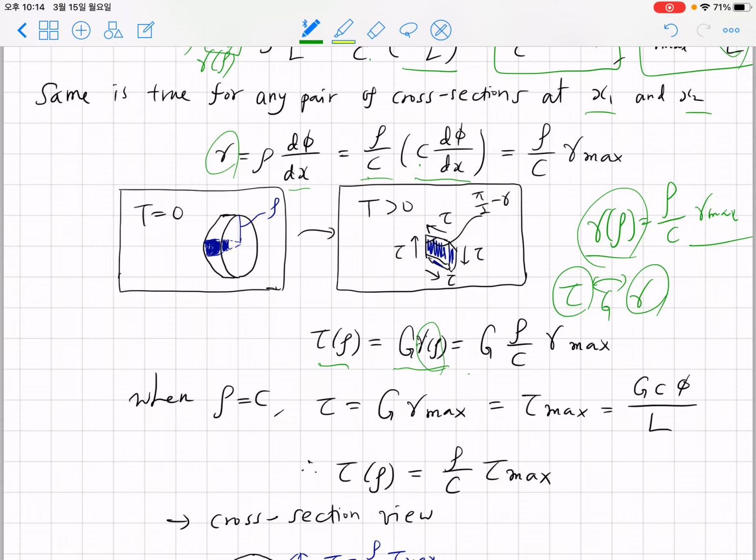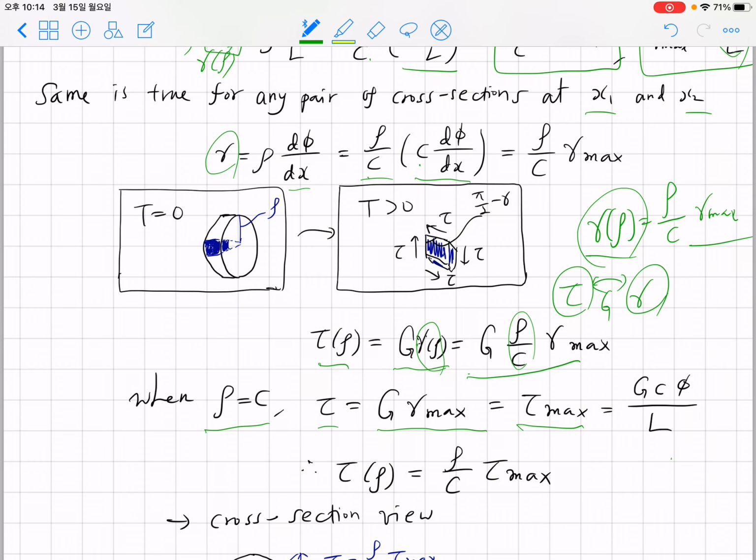If we plug in the expression for gamma, it can be written as G times rho over C gamma max. And when rho is C, tau becomes tau max, which is G times gamma max, because when rho equals C, we can get rid of this factor as 1. Then, by identifying this, maximum tau equals G times C times phi over L.